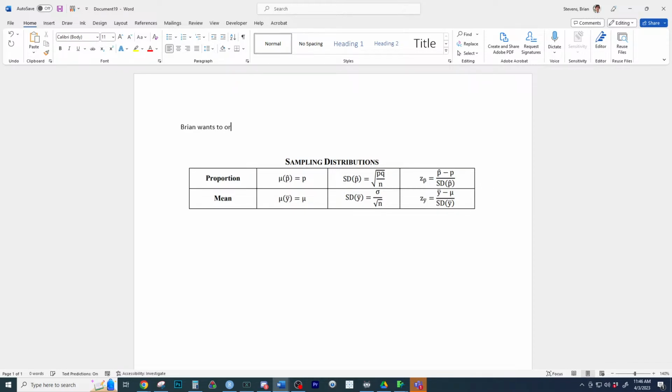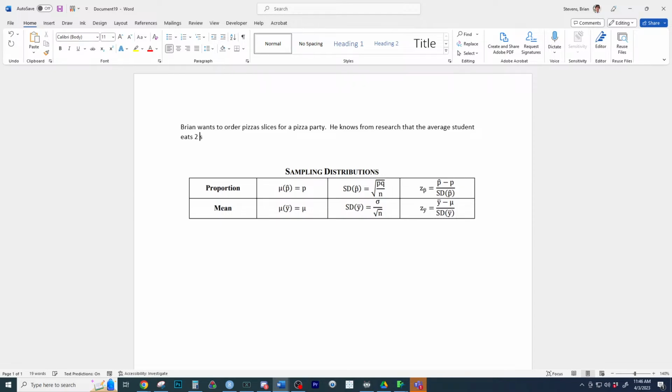Brian wants to order pizza slices for a pizza party. He knows from research that the average student eats 2 slices, or we could even say 2.5 slices, with a standard deviation of, let's go here, 2 slices.